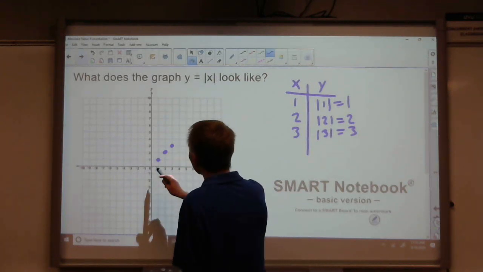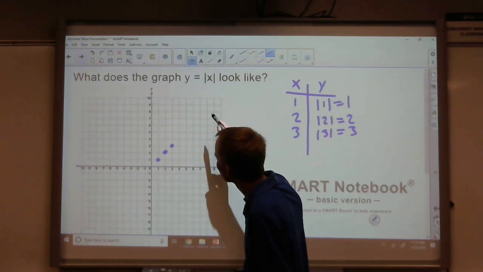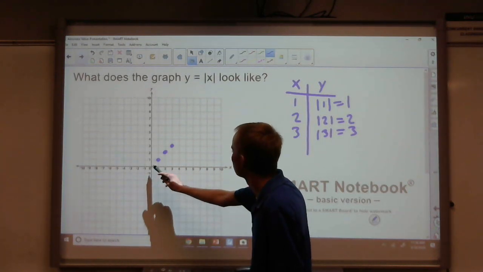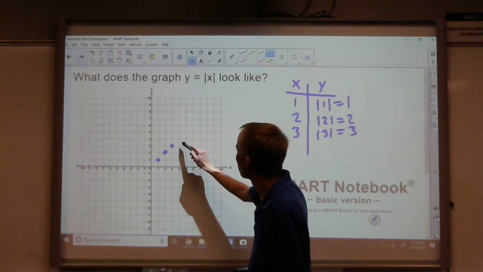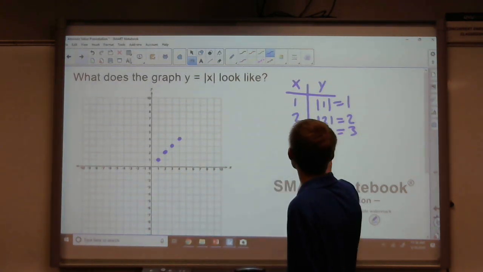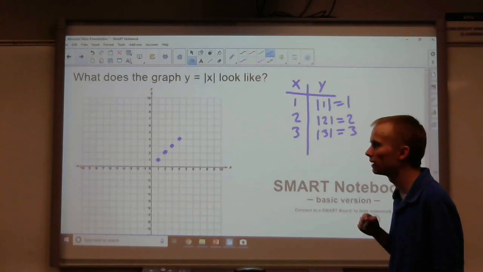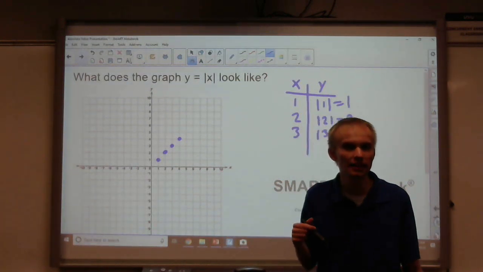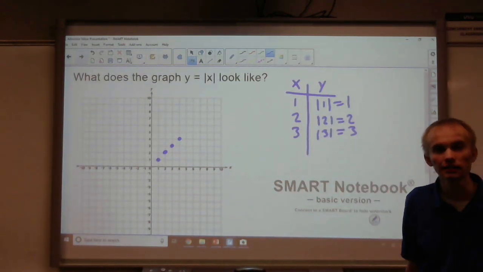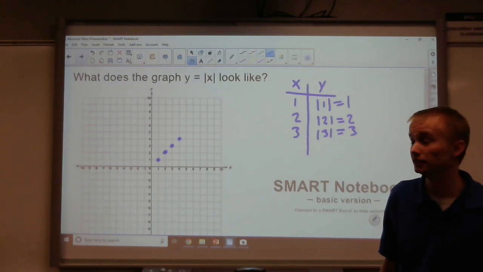Well, that kind of tells me what's going on over here. I would expect if I plug in 4, I'm probably going to get positive 4, right? It seems like every time I plug in a positive number, I'm getting the same thing out, right? And that's exactly what absolute value does, right?